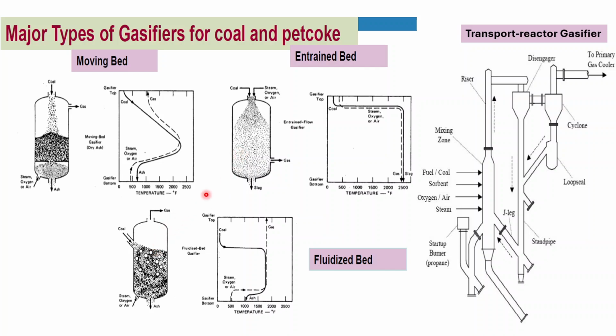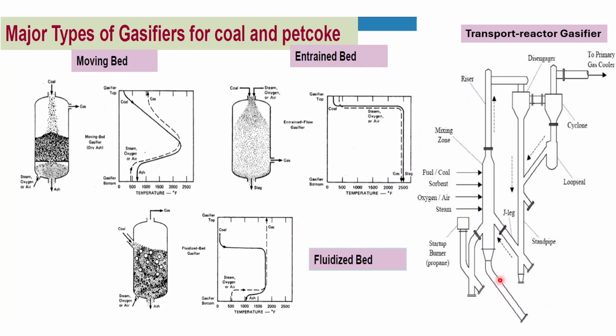To combine the qualities of both these gasifiers, another type, the transport reactor gasifier, was introduced. Here steam, oxygen and fuel are introduced. Some sorbent, some kind of adsorbent, is also used here, which absorbs the sulfur if some sulfur is present.